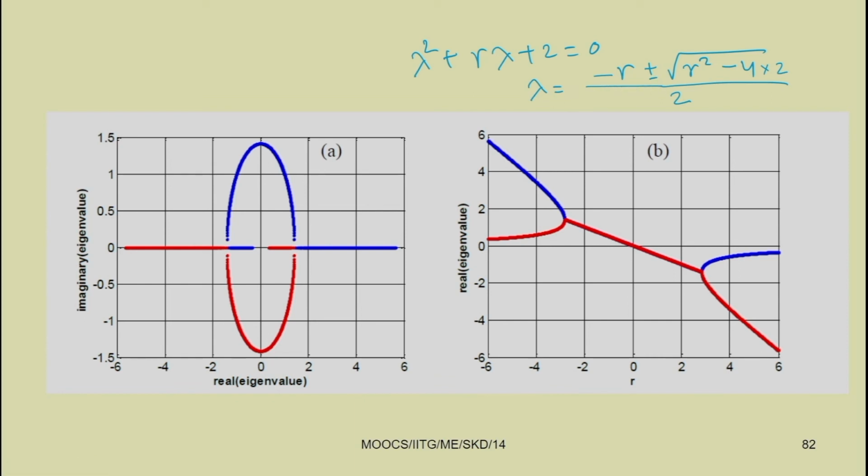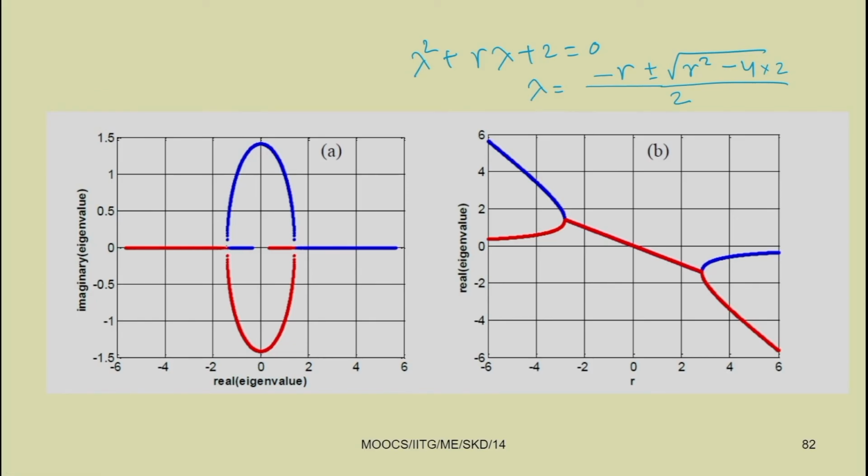By taking lambda 1 and lambda 2, or by plotting the real and imaginary parts of the eigenvalue for different values of r, for example r from minus 6 to plus 6, we can analyze the system.